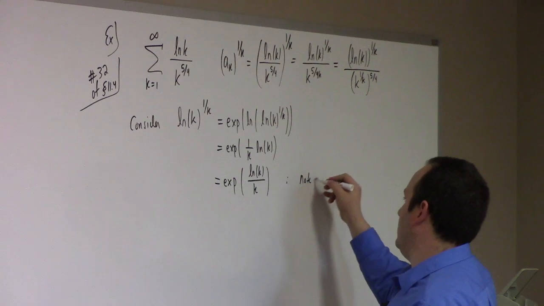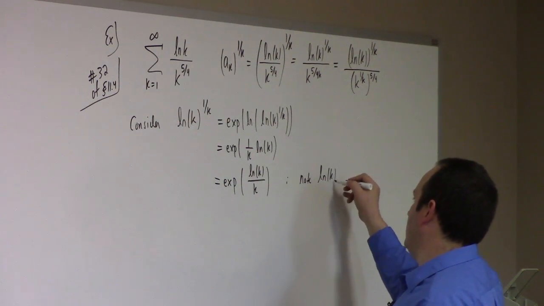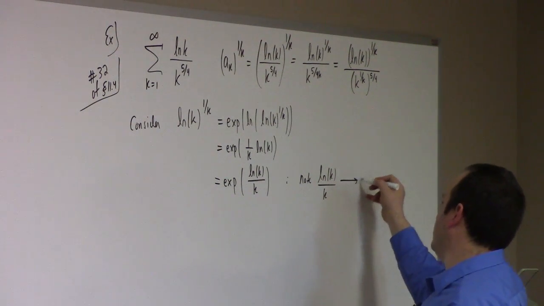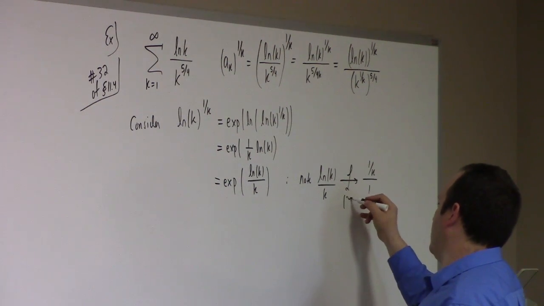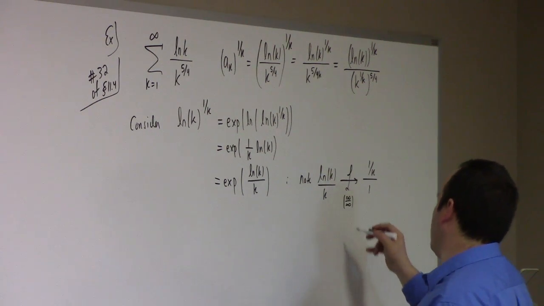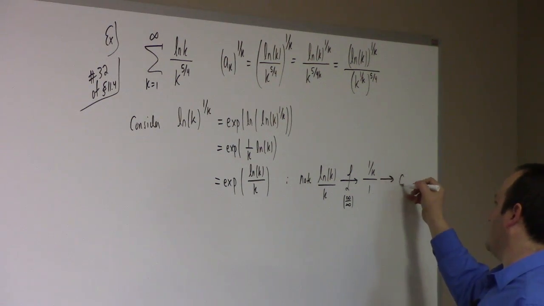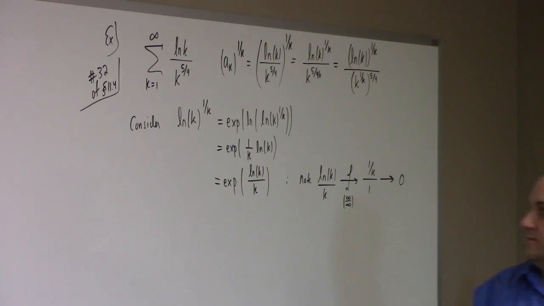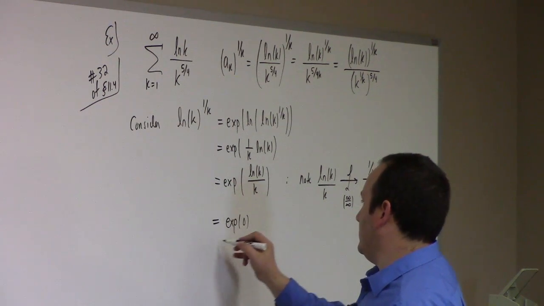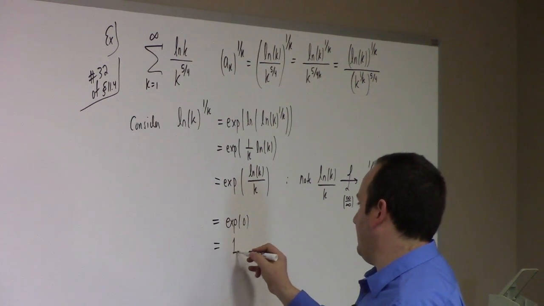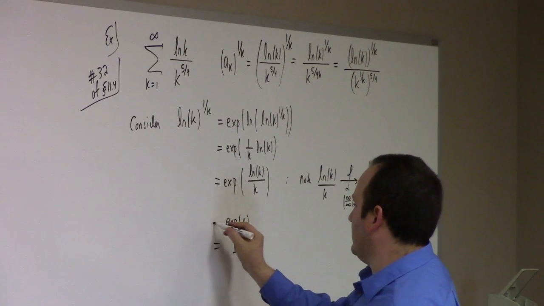Note, the natural log of k over k goes to 1 over k divided by 1, by L'Hopital's rule on type infinity over infinity, and that goes to 0. Hence, this is the exponential of 0, which is 1. Well, I should say it's going to that.